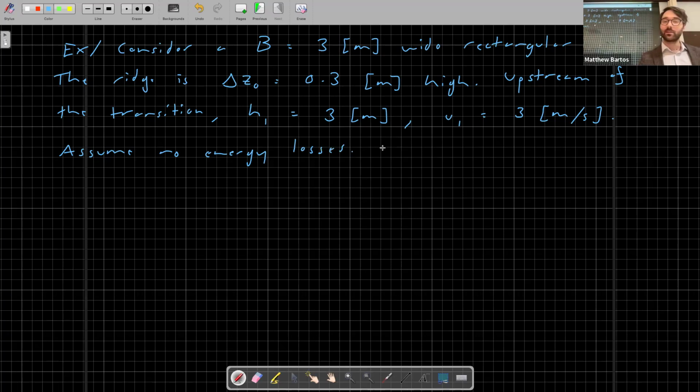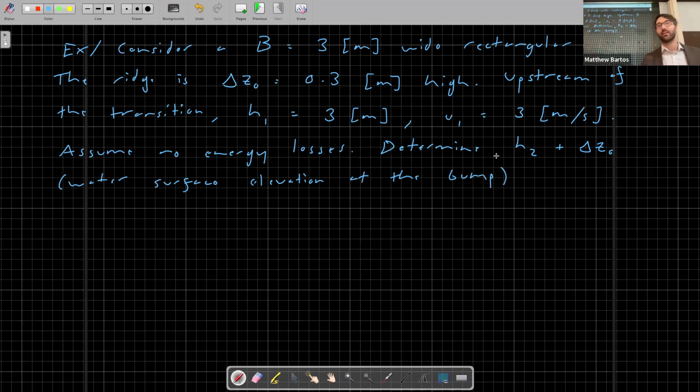So what I want to do again is to determine the height of the water surface. So that'll be H2 plus delta Z naught. So this is the water surface elevation at the crest of the bump.